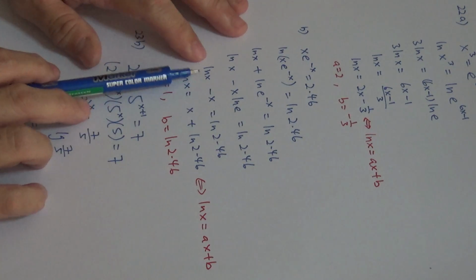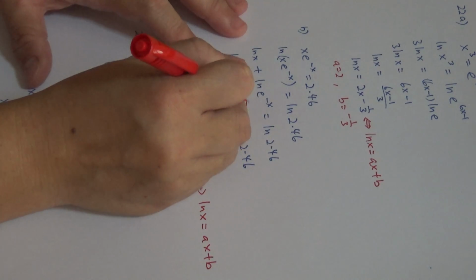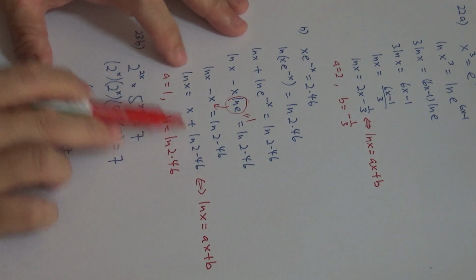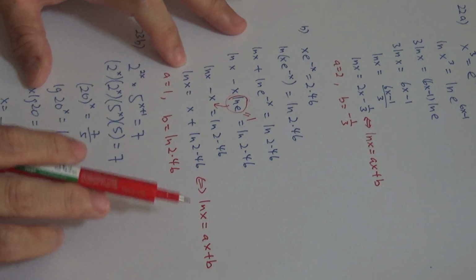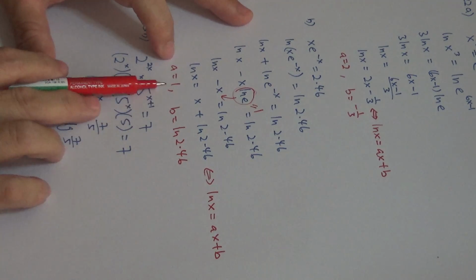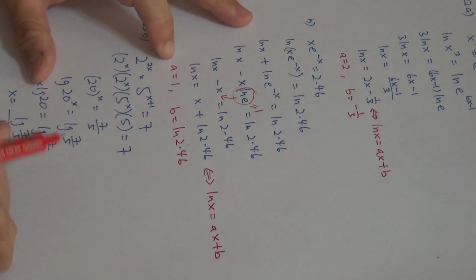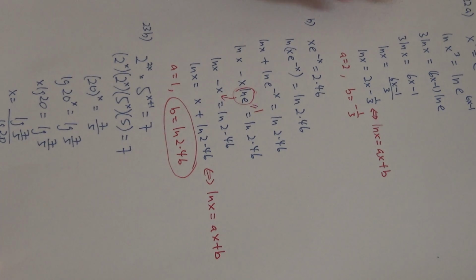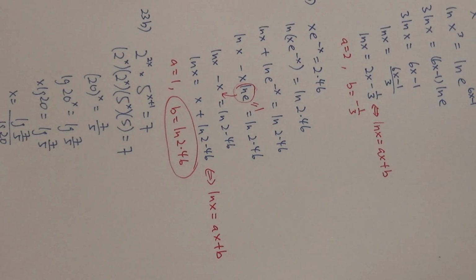Now don't forget ln e is 1, therefore it becomes x. So you have this, and then you rewrite in this form. Now when you compare, your a is actually 1 and your b is ln 2.46. Because they want the answer as exact value, you leave it like that. Do not go and press the calculator because they want the exact value.